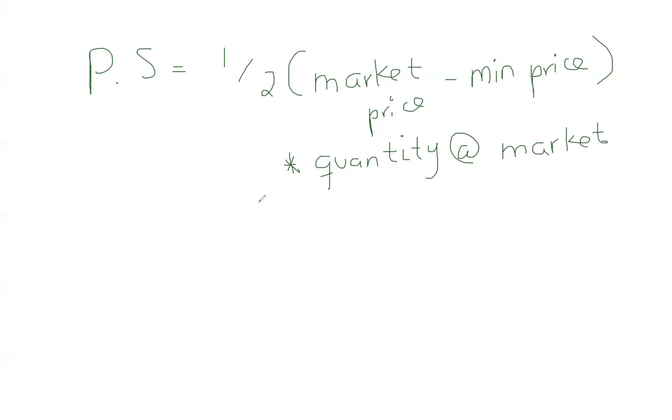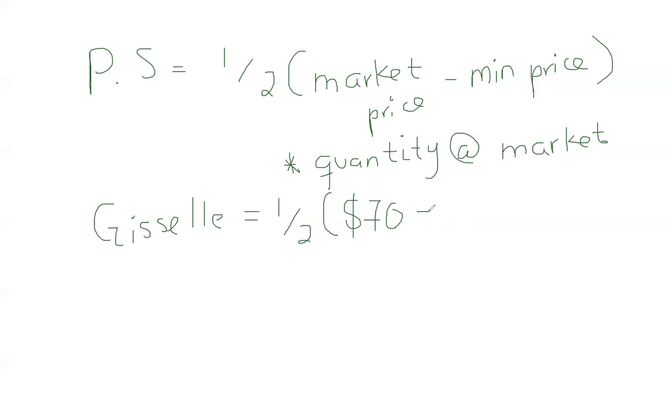Right, so let's just do Giselle's. For Giselle, her producer surplus, we have half. The market price we've been given is $70. So we have 70 minus the minimum price Giselle is willing to go. Now, how do you find the minimum price Giselle is willing to go?